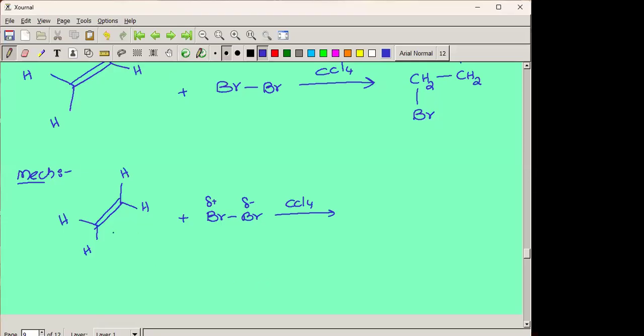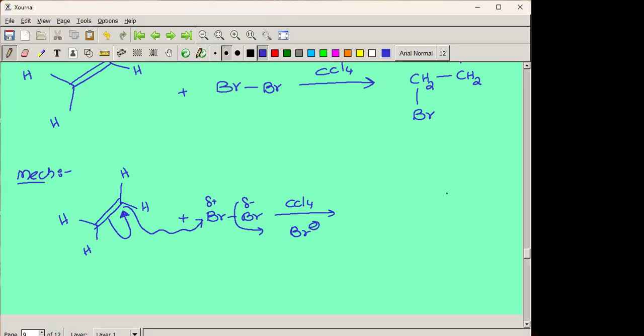Due to this, the pi bonded electrons shift towards one of the carbon atoms. The arrow mark indicates the negative charge, meaning electrons. These electrons move and attack the bromine, and it is eliminated as Br minus.